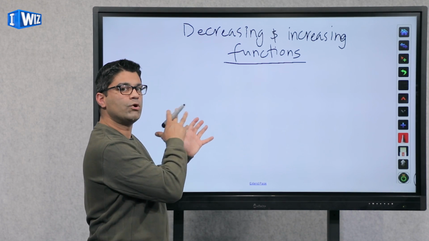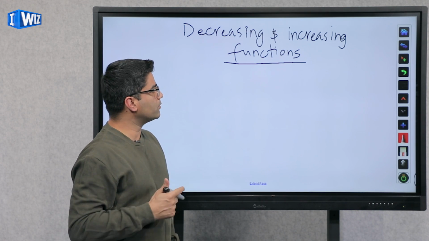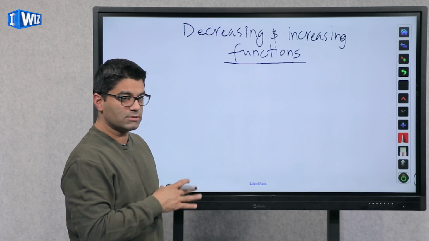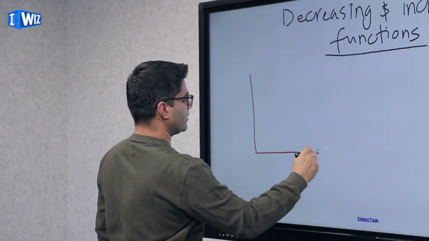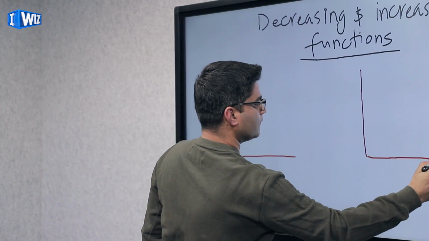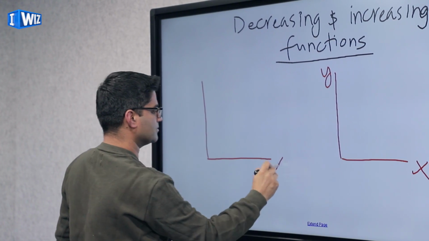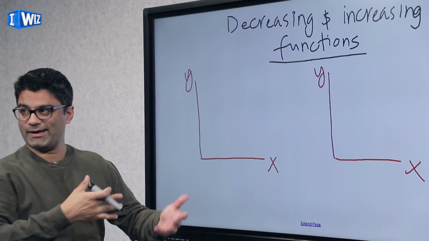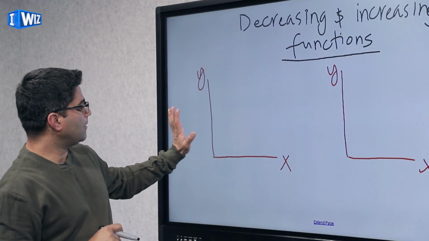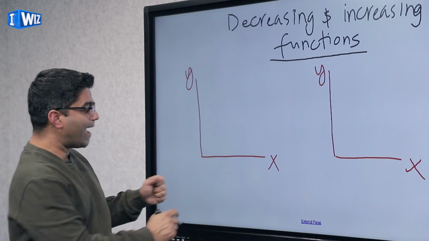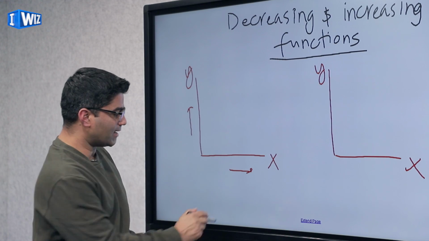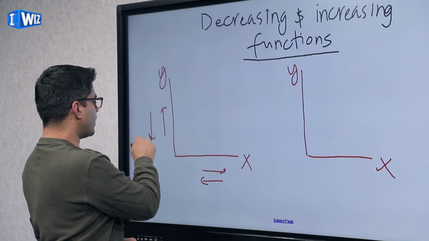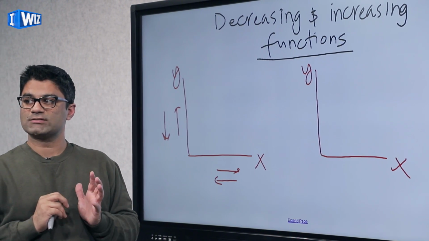As I'm doing this math review, you should be able to relate to some of the concepts that we have learned in the previous few videos. The best way to look at it is, let me draw two graphs, with x and y. In our case, it'll be x1 and x2, but that's fine. An increasing function is one where as x increases, so does y, and as x decreases, so does y. So x and y move in the same direction.